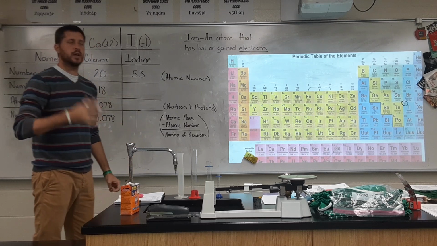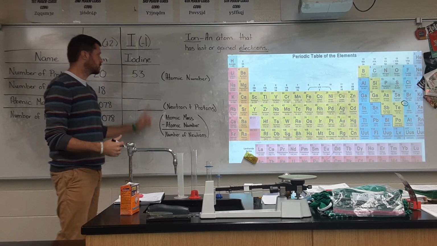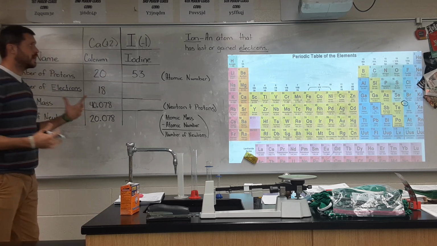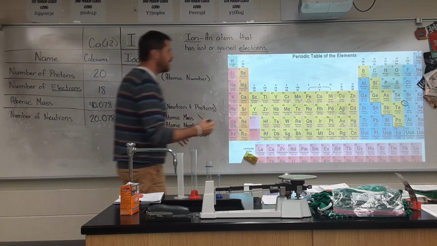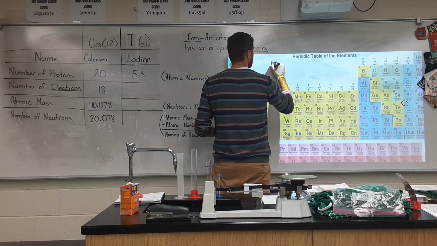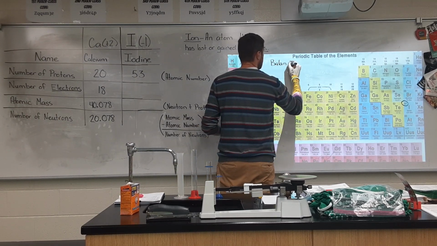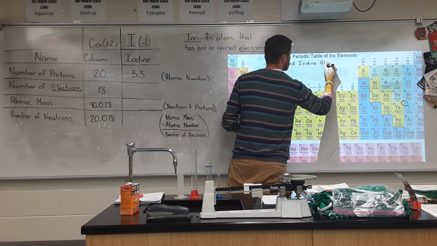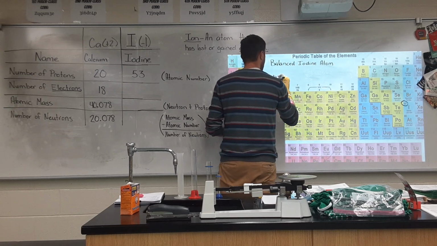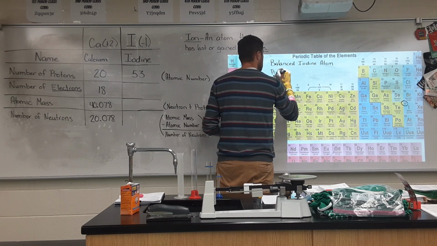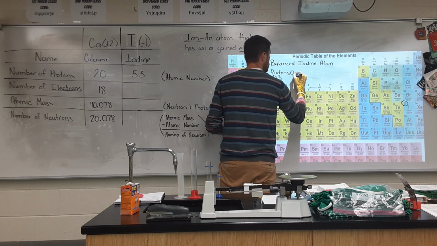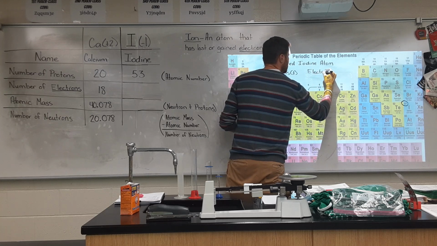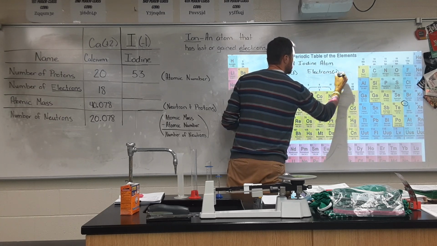Again, we cannot change the number of protons, because if we change the number of protons, it's no longer iodine, it becomes something else. All right, number of electrons. We can change the number of electrons. So, in a balanced iodine atom, we are going to have 53 protons, which are positive, and we are going to have 53 electrons, which are negative.